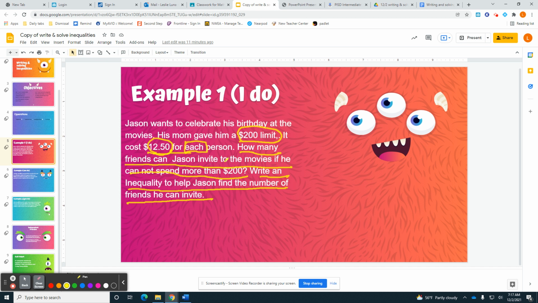Okay. So it says, how many friends can Jason invite to the movies if he cannot spend more than $200? If he cannot spend more than $200, whatever he spends at the movies has to be less than or equal to $200, right? So what are we gonna have on this side?